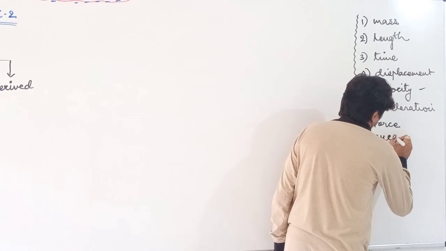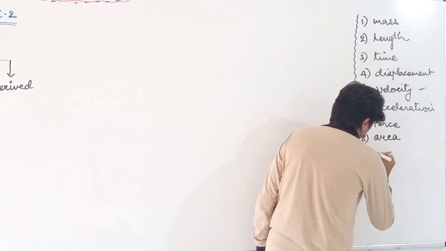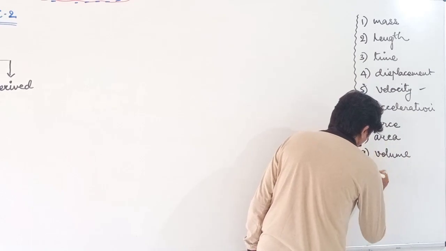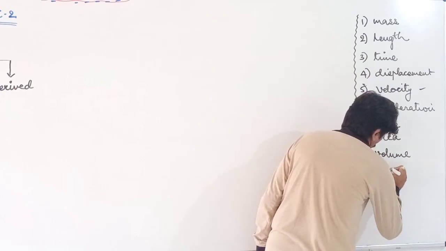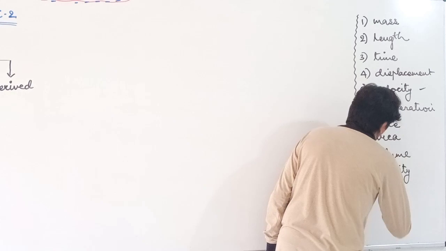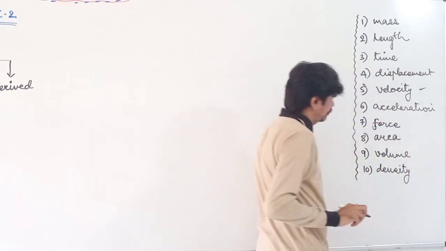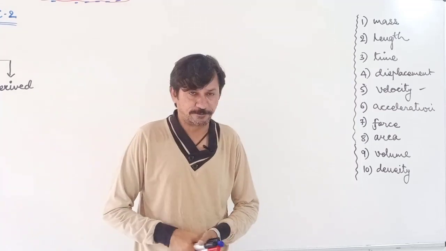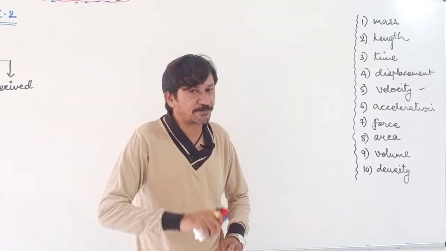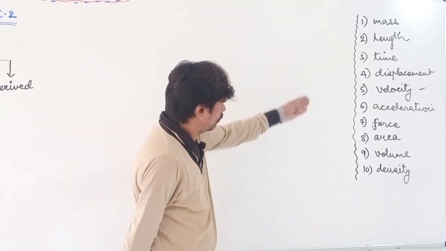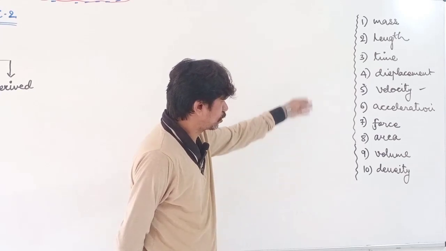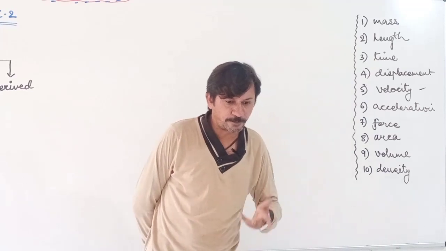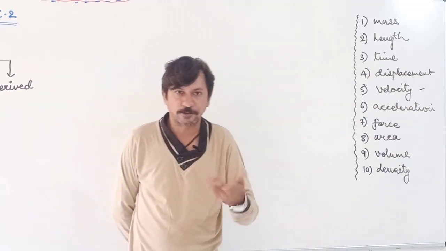Area. Volume. Density. These are some examples, and these examples are well known. Think about all physical quantities. You have studied, you have learned these physical quantities in your 9th or 10th.